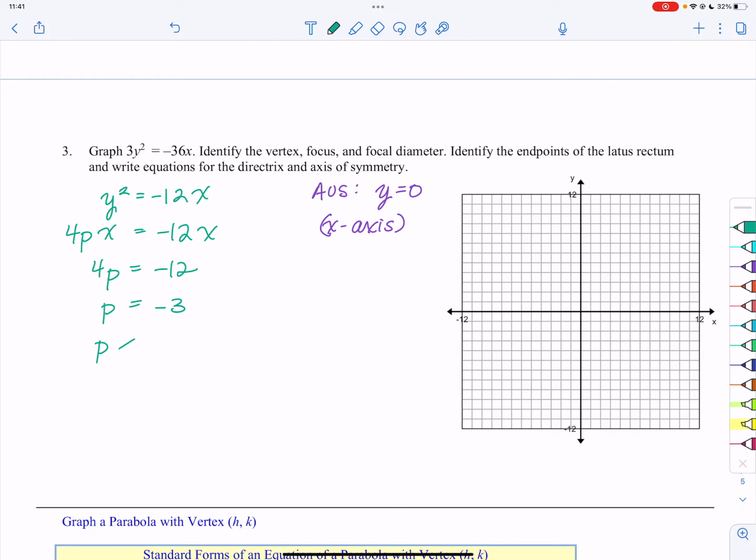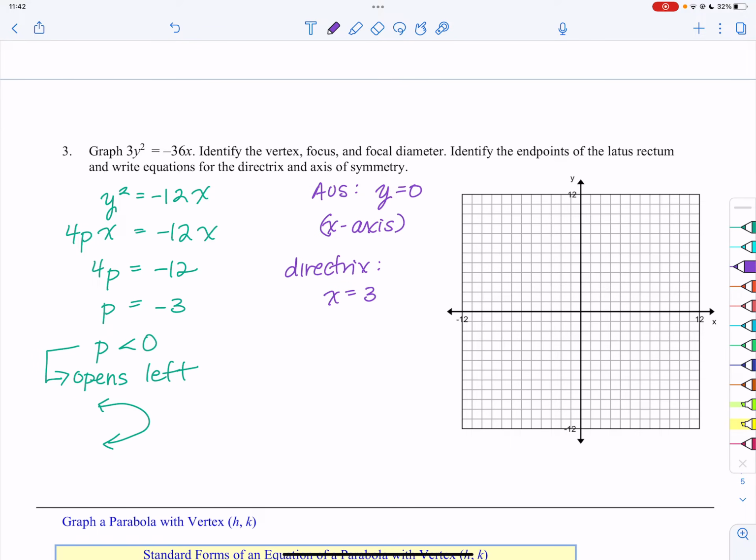So here, p is less than 0. So when our y is squared and our p is less than 0, we are going to be opening to the left. Okay, so it will look like that. So now we can talk about our directrix. And our directrix is x equal to the opposite of p.